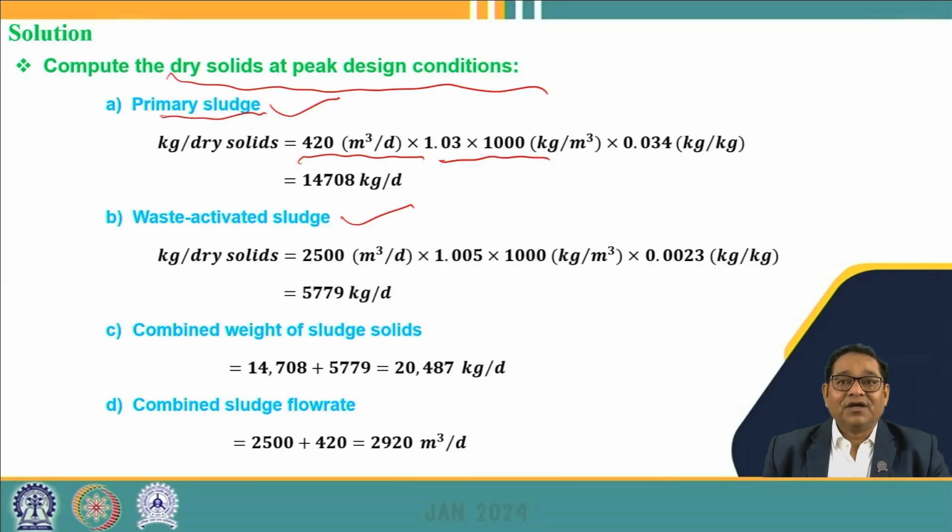If we multiply the specific gravity with the specific weight of water, it becomes the density of the sludge, and if we multiply with this volume or flow rate, we get how many kg of solids are generated.